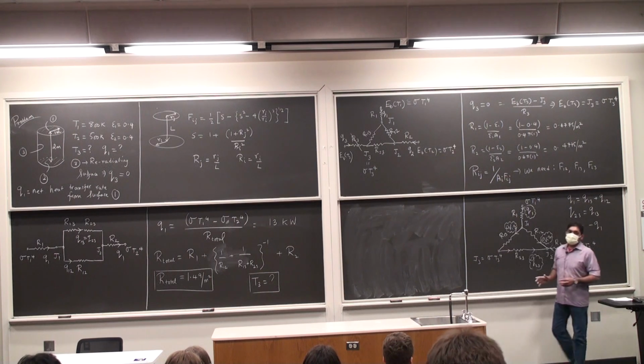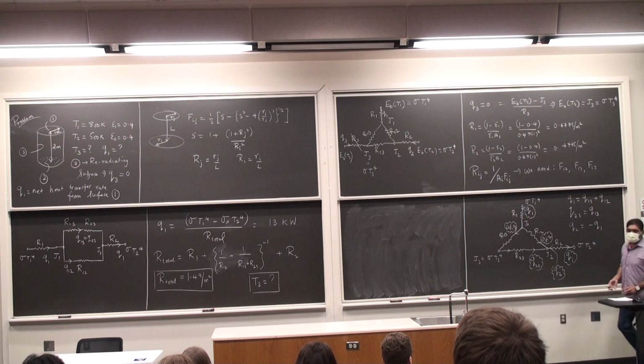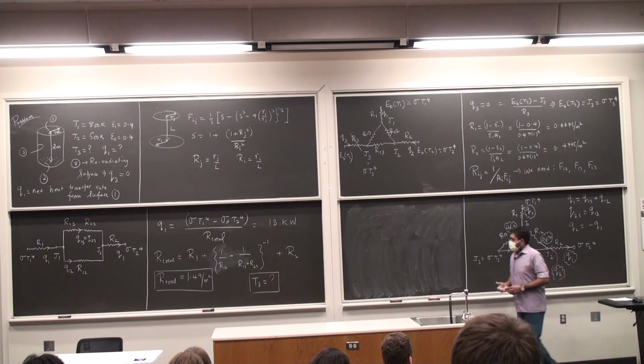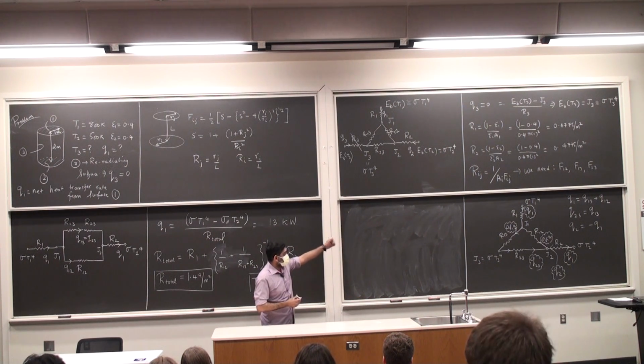Once again, several ways to do this. This is just taking an electrical network and figuring out what the voltage is at one of the nodes. The way I approach it is using the following ideas. I know that Q13 is the same as Q23.